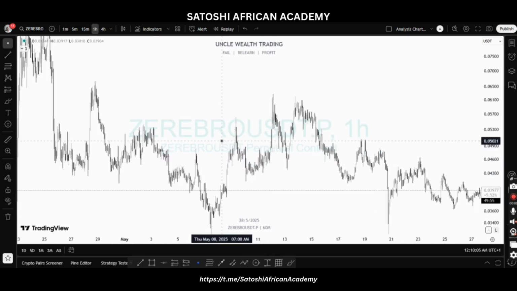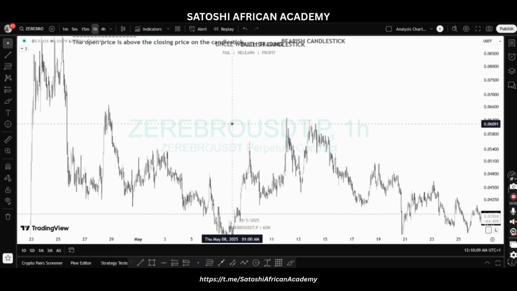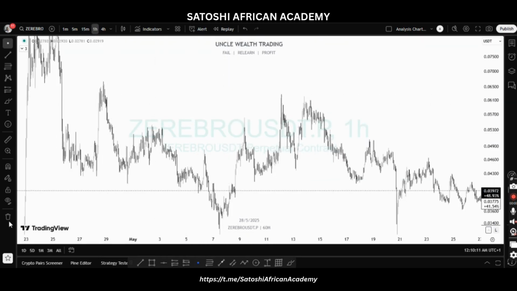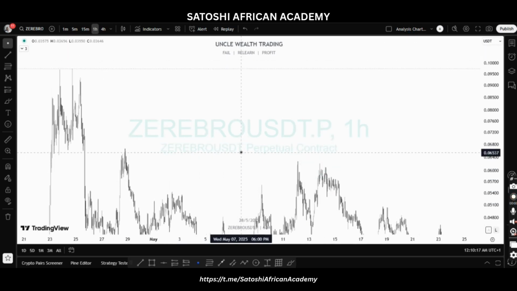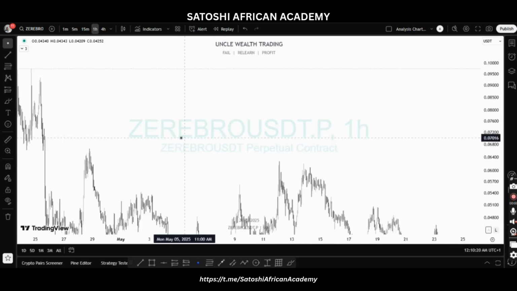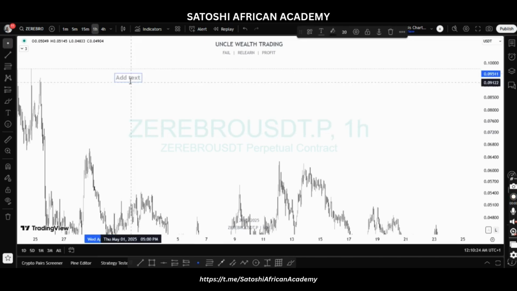So today we're going to be talking about a candlestick. This is just the basics about a candlestick. What do we need to know about candlesticks? First of all, we need to know that there are two kinds of candlesticks.